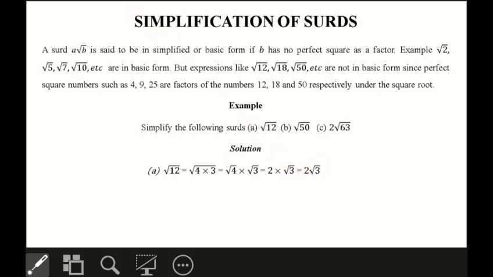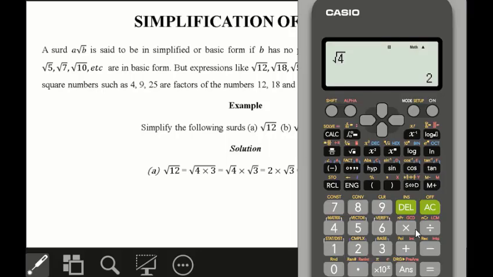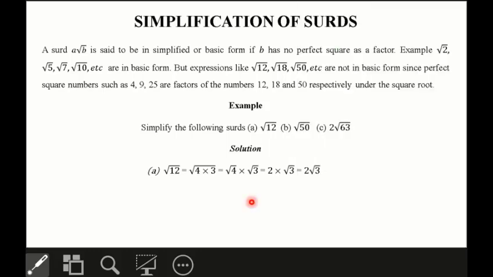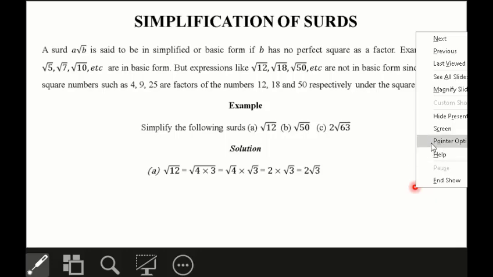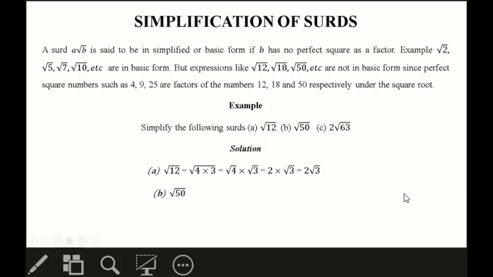So when you pick your calculator and you punch the value as the root of 12 and press equal, it gives you what? 2 root 3. The next one is the root of 50, which will give us the root of 25 times 2.